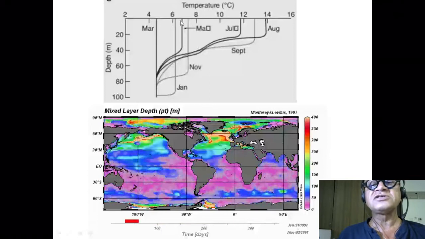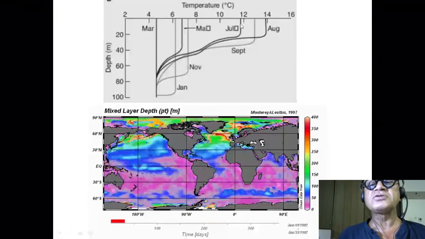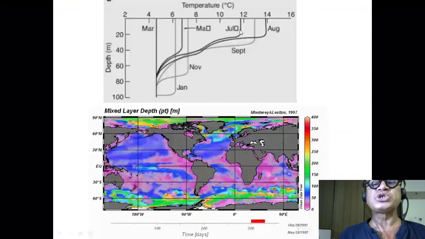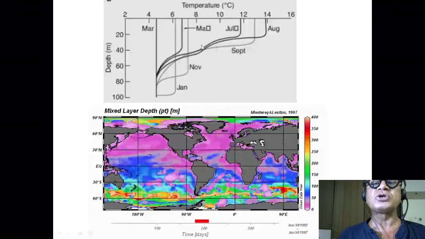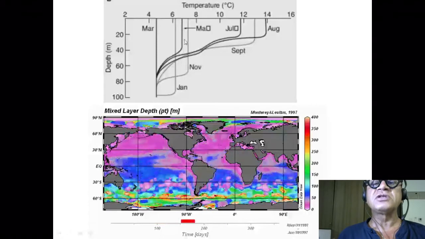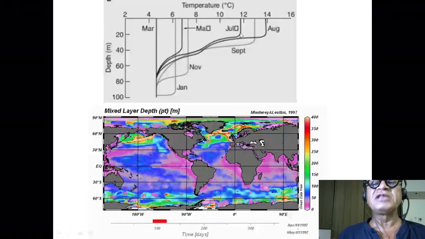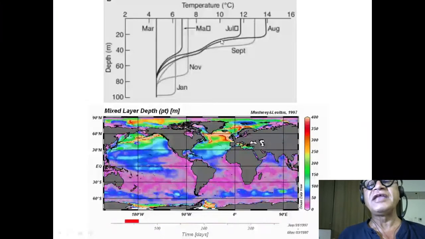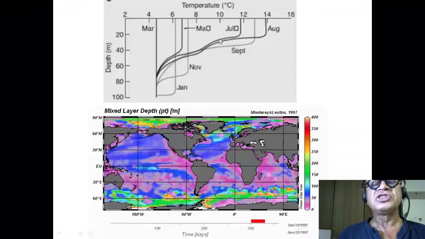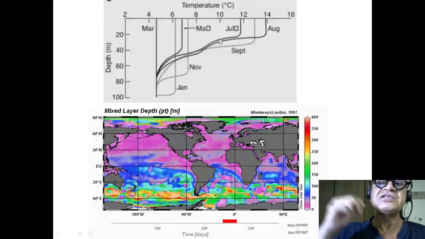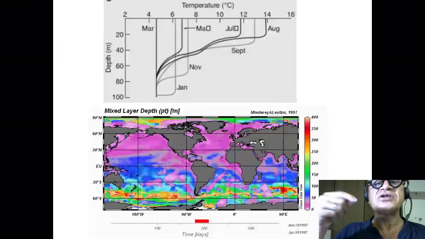By July the sea surface temperatures have almost doubled, so the mixed layer has become shallower because the thermocline has become much more sharp. How are the two related? Basically the strength of the gradient below the mixed layer determines how much energy is needed at the surface in terms of turbulent kinetic energy.